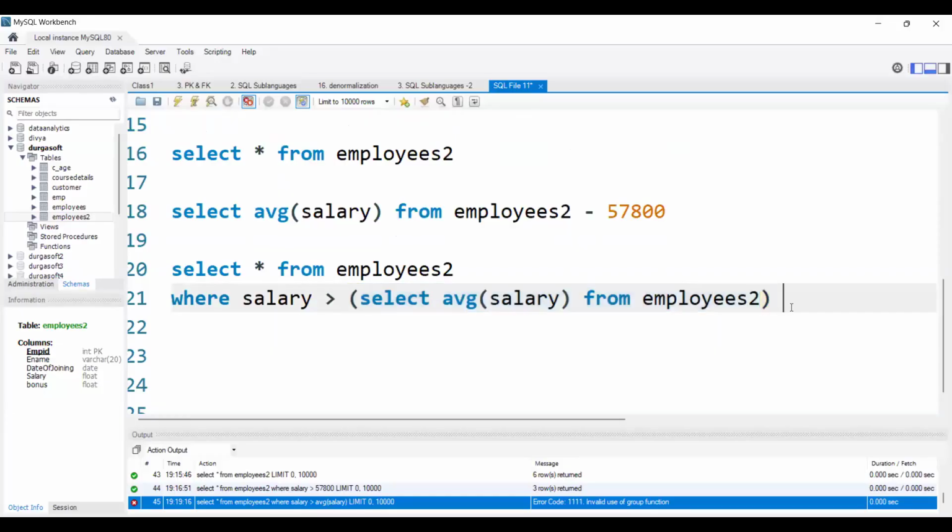Now, if we write two select statements in one syntax, whatever we write inside the brackets is considered as a subquery, and the other select statement is considered the outer query.